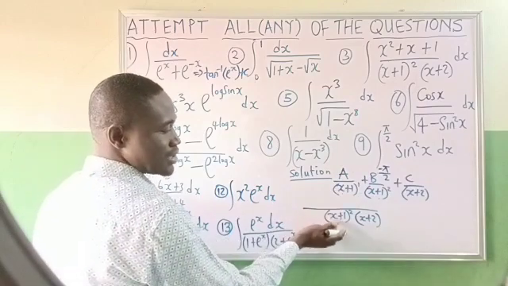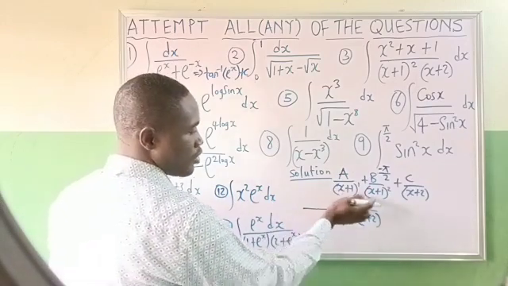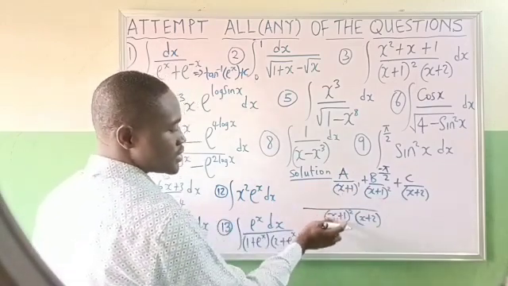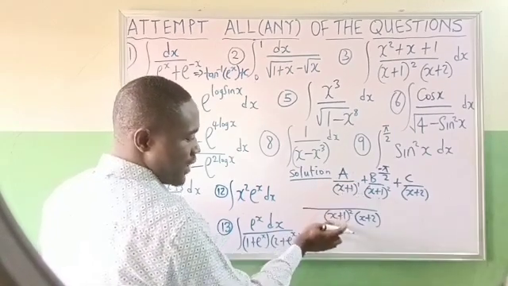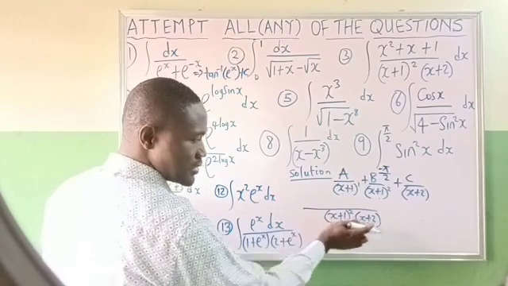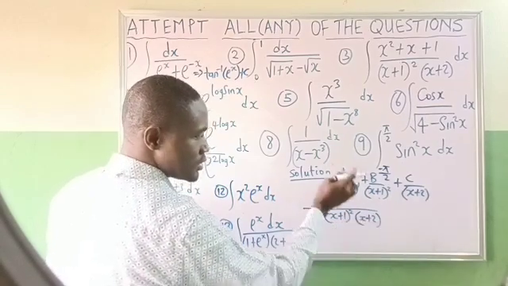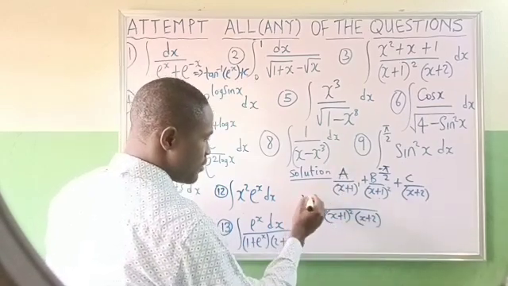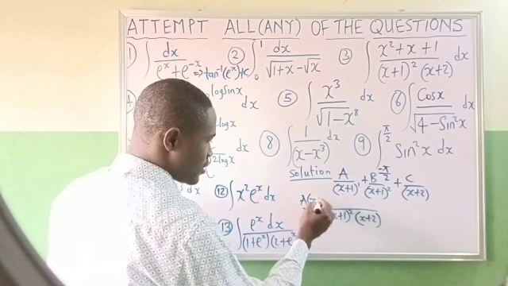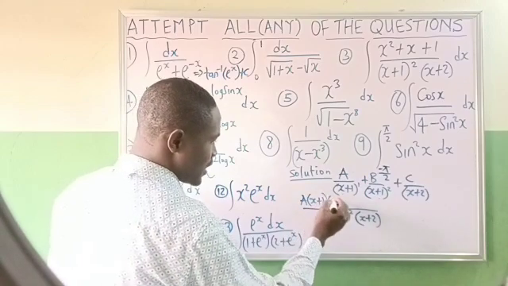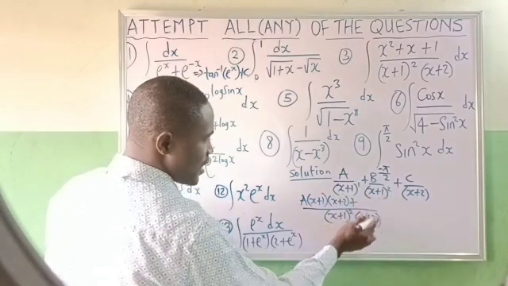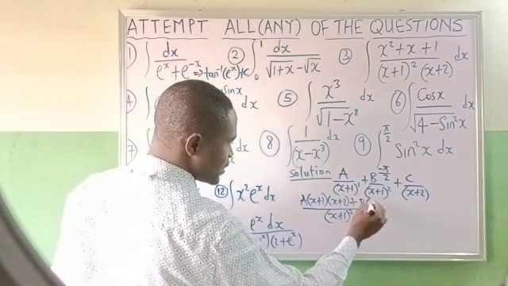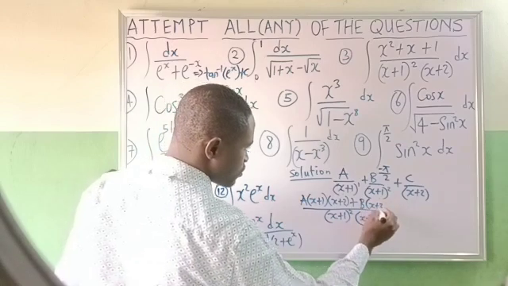Now this divided by this, it will remain one of this, times A. Then this divided by this, it will remain B bracket x plus 2.